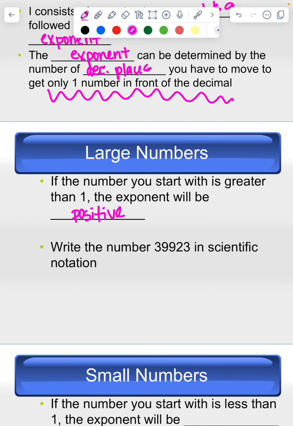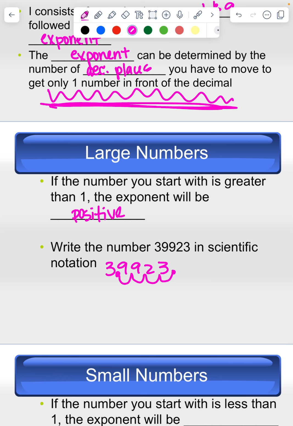All right, so we want to write the number 39,923 in scientific notation. Whenever we write it out, the decimal place is understood to be at the very end. Remember, we only want one number in front of the decimal, so we're going to move it until there is one number in front of the decimal.